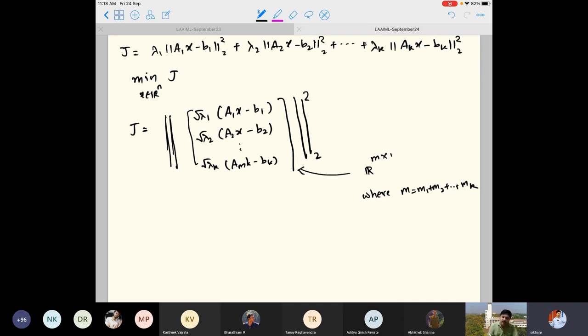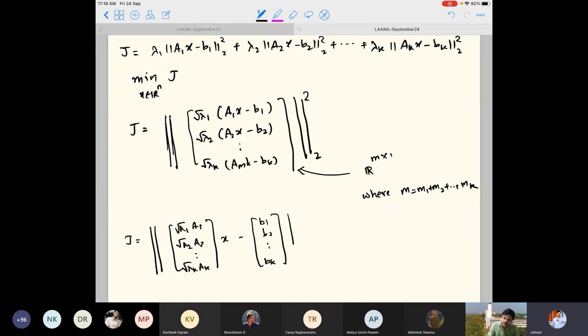And then once you understand this, what is this J? Then this J basically is this vector. Then I can write this as root of lambda 1 A1, lambda 2 A2, lambda k Ak, multiplying x minus b1, b2 up to bk. Correct?